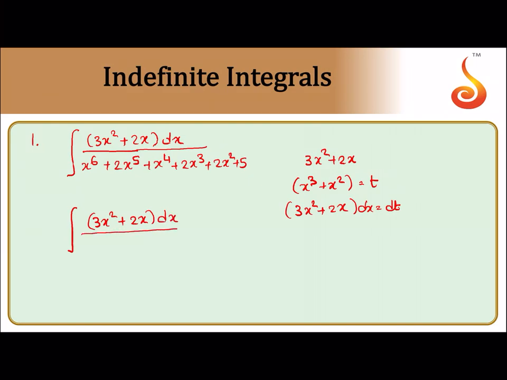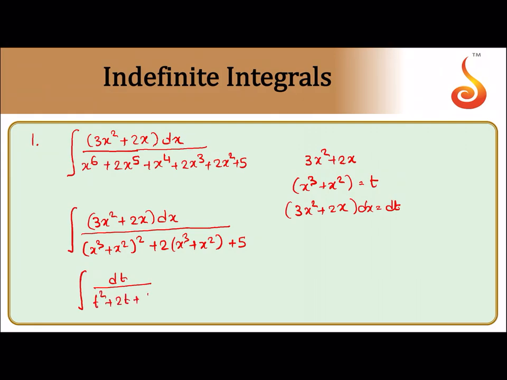So 3x square plus 2x dx is the numerator. The denominator can be written as (x cube plus x square) whole square plus 2 times (x cube plus x square) plus 5.